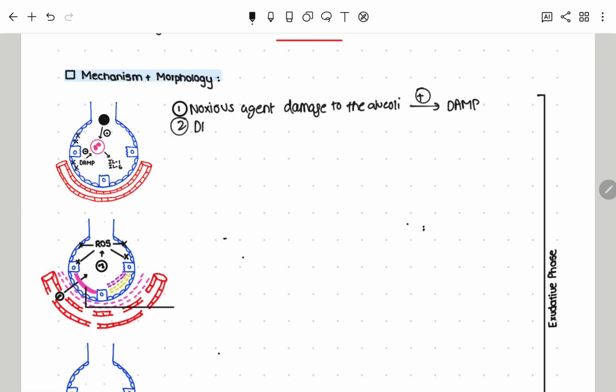Second, DAMP, the damage associated molecular patterns, and the noxious agent itself can activate alveolar macrophages. So DAMP and the noxious agent itself, in the case if it's a bacteria that's causing pneumonia, for example, can activate alveolar macrophages.